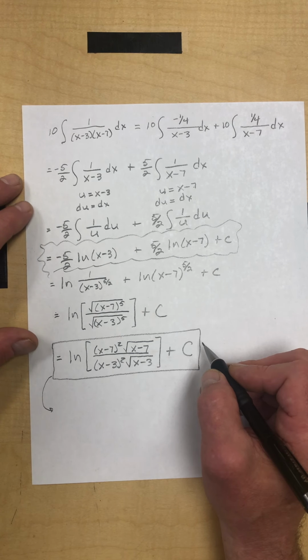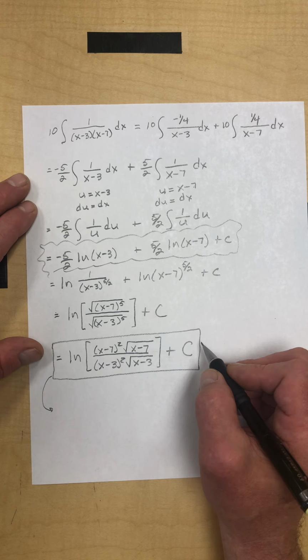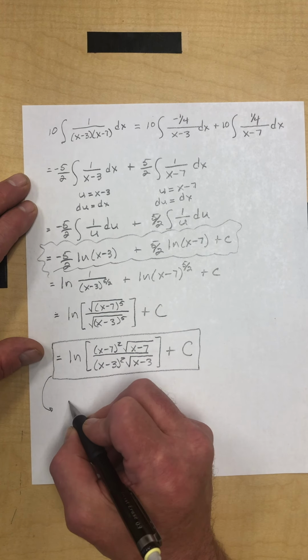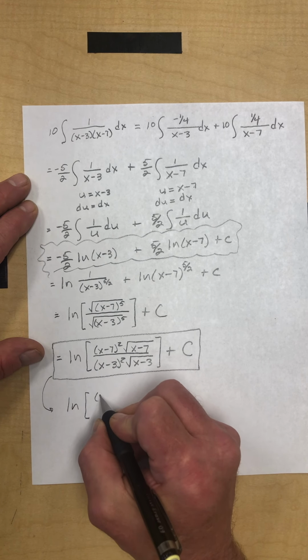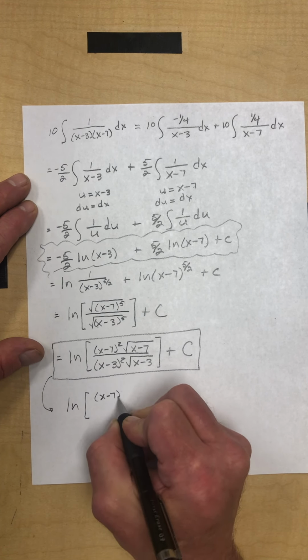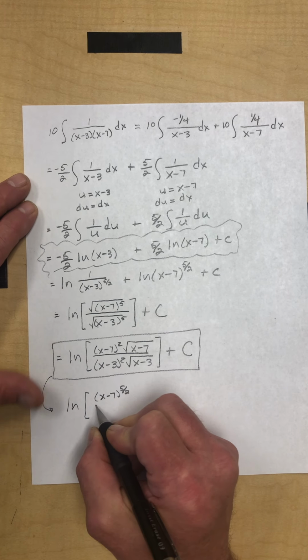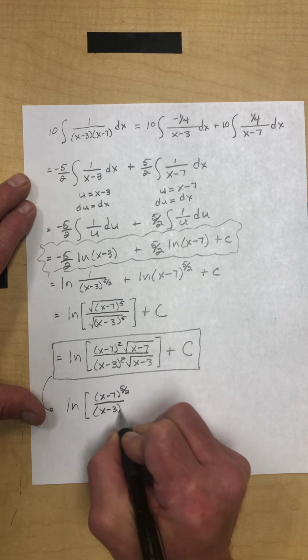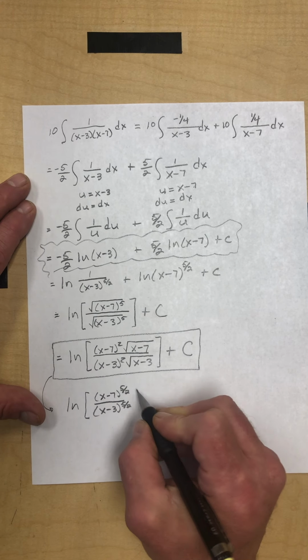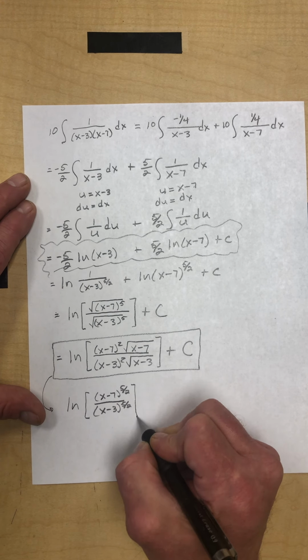So they might just leave it like this: natural log of x minus 7 to the 5/2 all over x minus 3 to the 5/2.